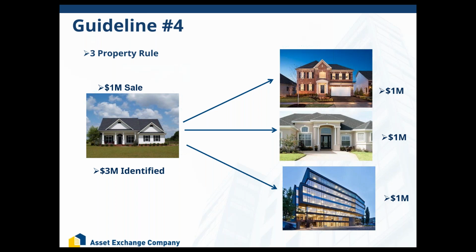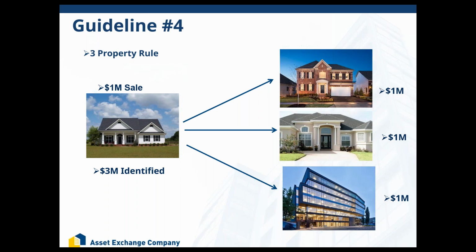Now, you're not required as far as identification goes, but, especially in the market that we have going on right now where properties in some cases are selling the day they're listed, the best way to lock up one of those properties, if that's one you want to purchase, is to put it under contract. So in practice, what we see investors doing is they will put a property under contract.